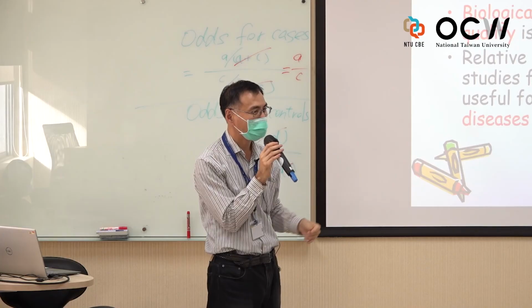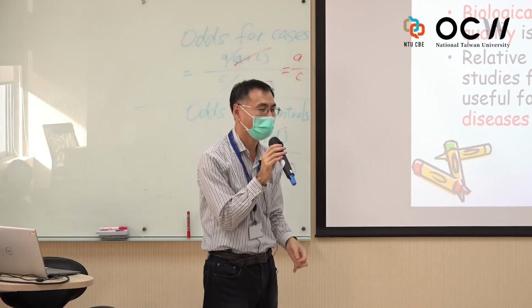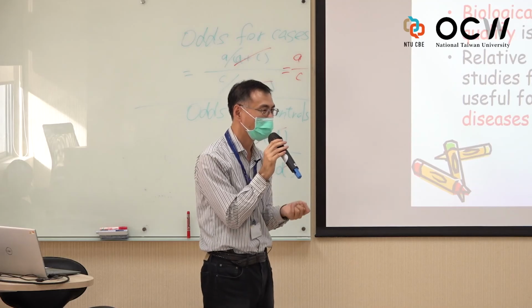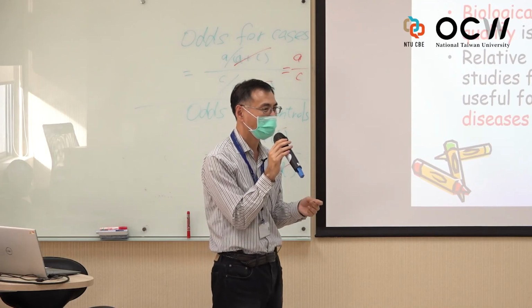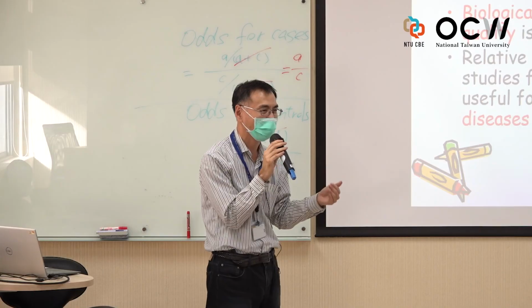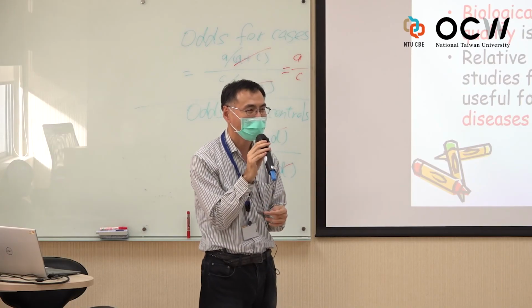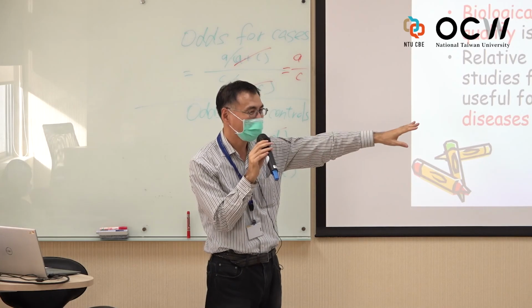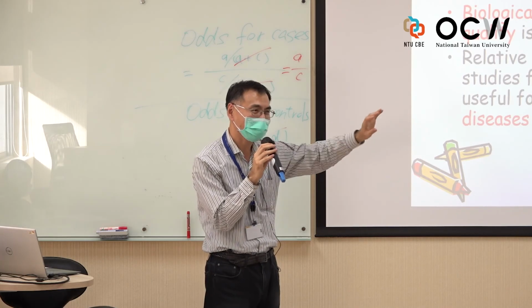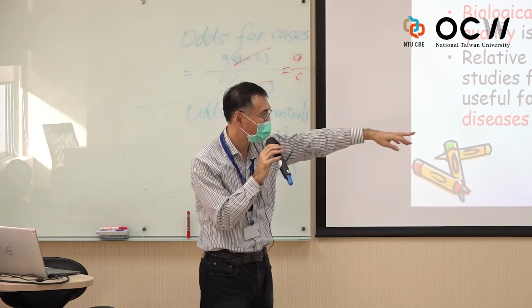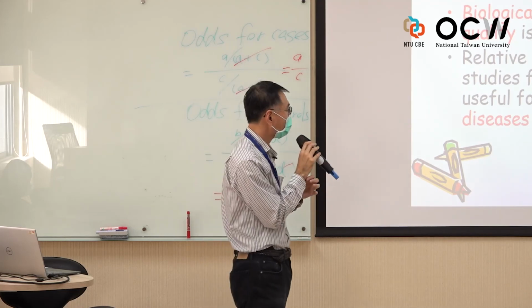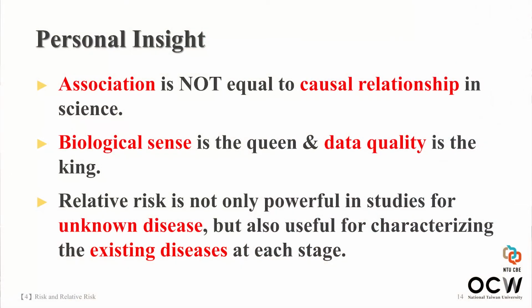If we find that it's particularly higher or particularly lower, then we might be able to generate another study, or perform another study to prove it with a more sophisticated measurement or statistical method, like confounding control. Here we did not consider anything about age and gender or anything else, right, for the calculation of the odds ratio for walking direction. But it's also useful for categorizing the existing disease at each stage.